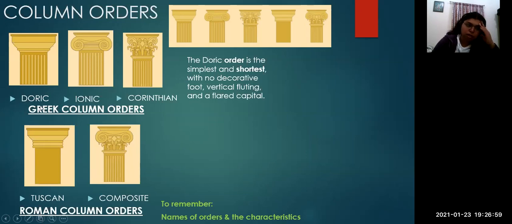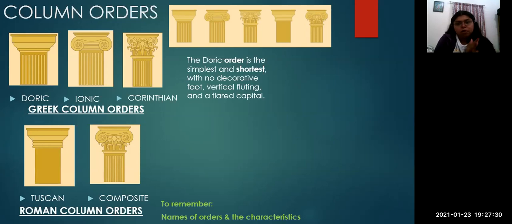Under the Greek column orders, you have Doric, Ionic, and Corinthian. Under the Roman column orders, you have Tuscan and composite. Composite is a mix of Ionic and Corinthian. So you need to remember the types of column orders and the names.